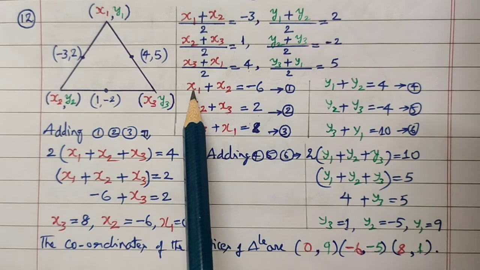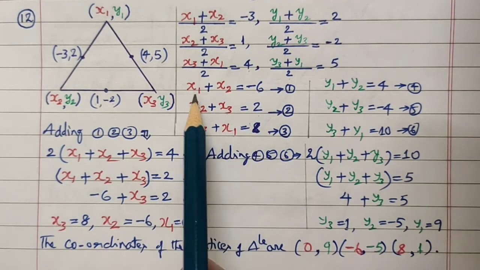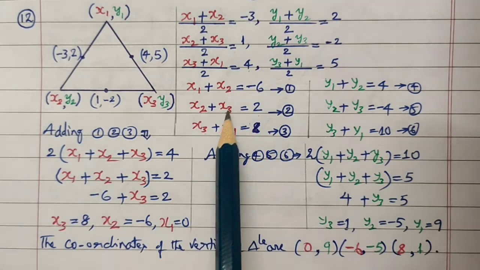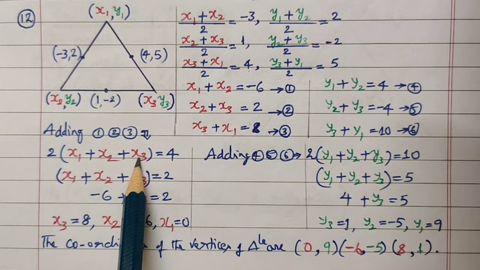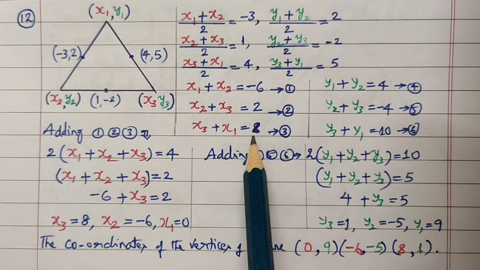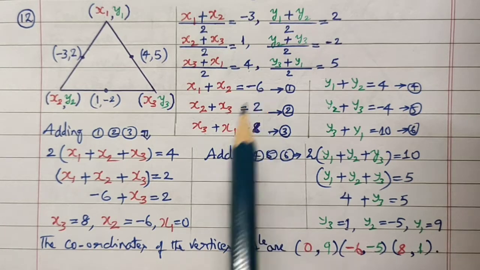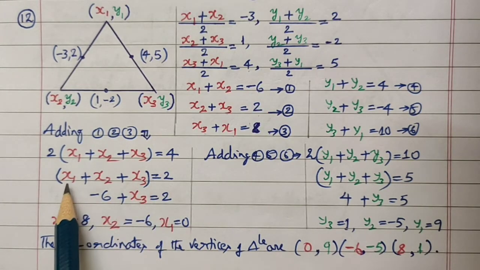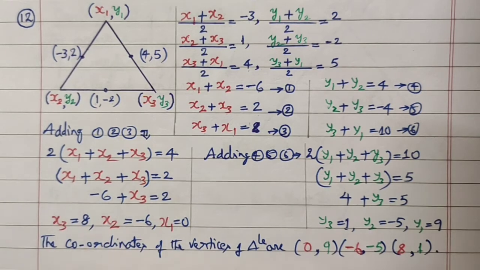Because we have x1 plus x1, x2, x2, x3, x3, we can find that 2 x1s are there, 2 x2s, 2 x3s. We can take 2 as common, x1 plus x2 plus x3. When you add these 3, 8 plus 2 is 10, minus 6 is 4. Therefore, x1 plus x2 plus x3 is equal to 4 by 2, that is 2.